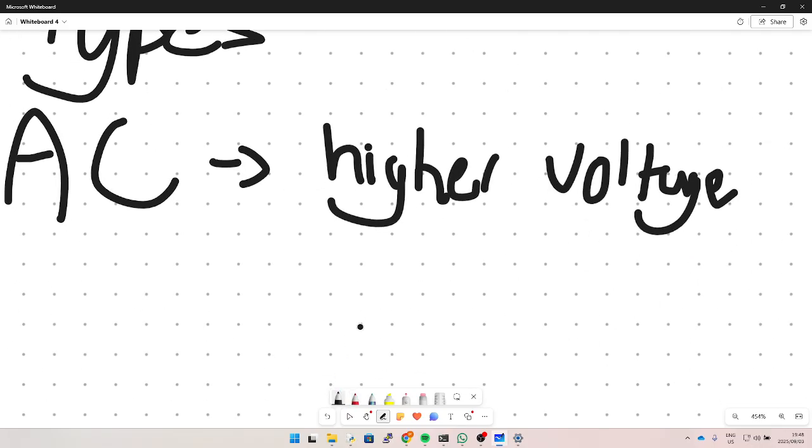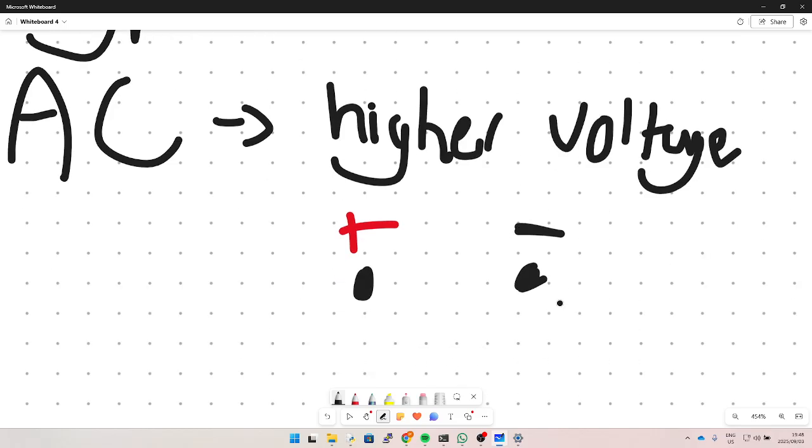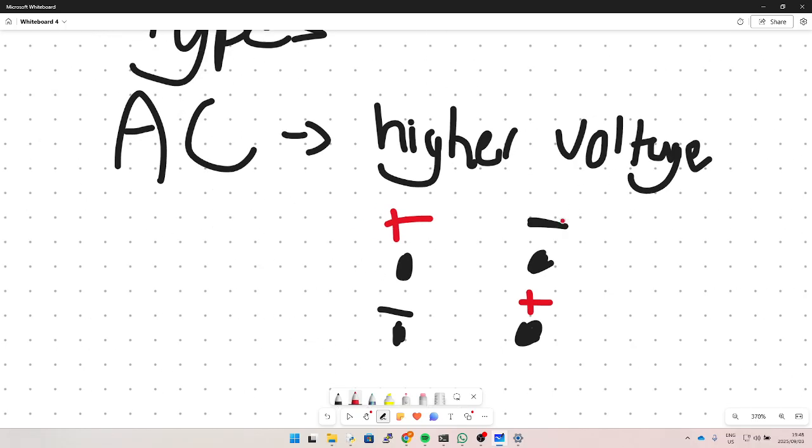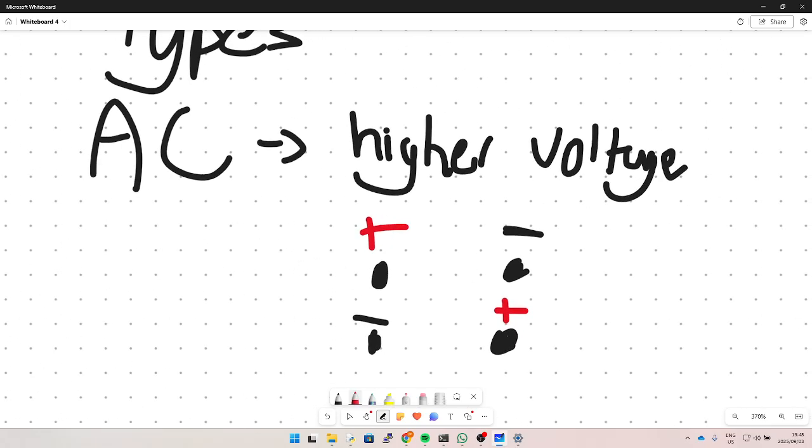Let's say I measure it, my positive is on this terminal here and my negative is on this terminal here. Then the next second they switch. They go back and forth. That's why it's higher voltage: it's more efficient at transporting higher voltages of electricity over a distance because it has the ability to switch.